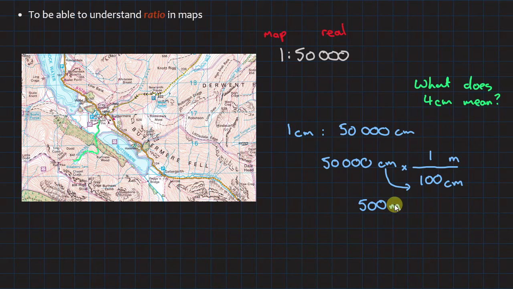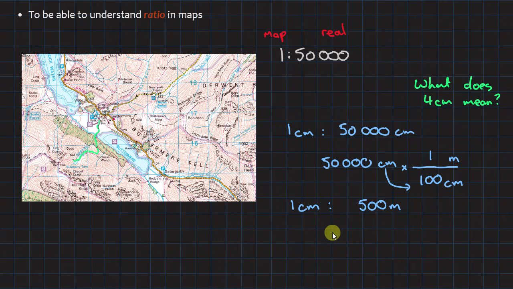An uncommon distance, so what you might often see. So at the moment we know 1 centimetre is 500 metres. That's fairly usual, that's not bad. People normally actually want to deal with this sort of mapping in terms of kilometres though, just because if you're going to do a day's walking, you're going to wind up walking maybe 15, 20 kilometres. So is it better if we could work this into kilometres?